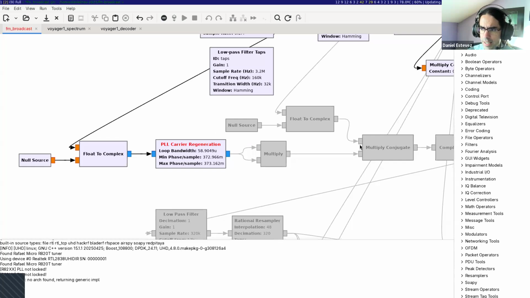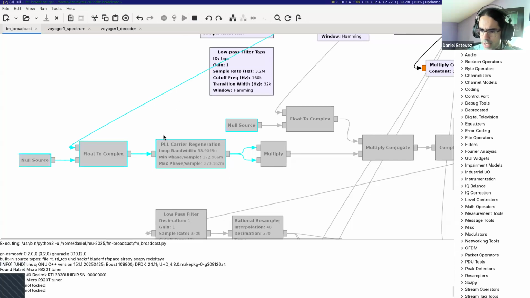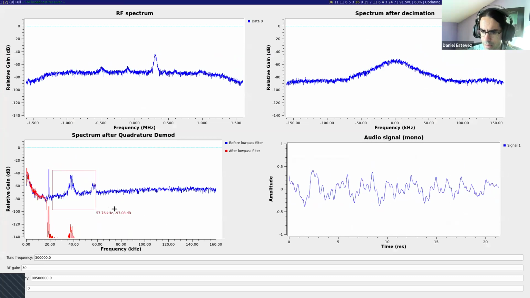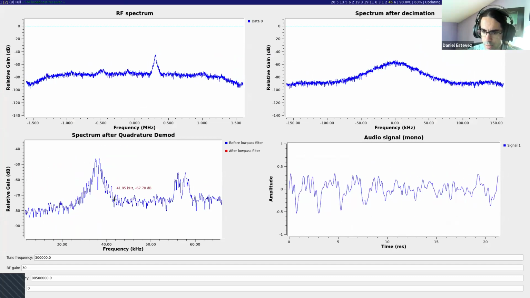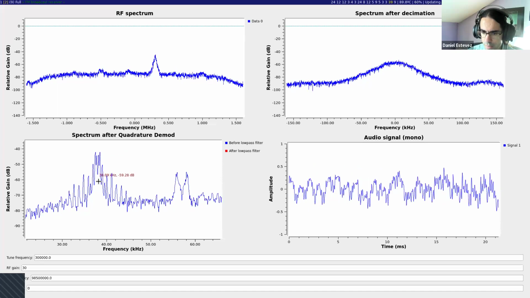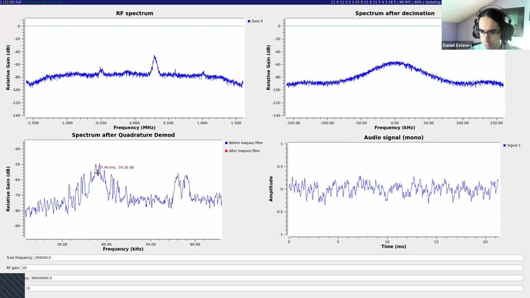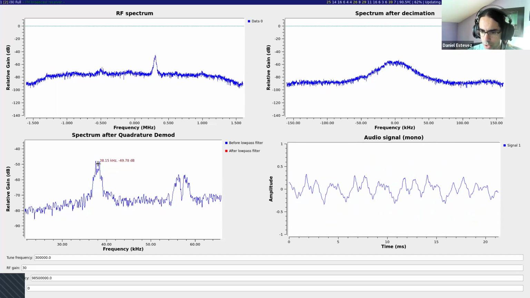But that is a 19 kilohertz tone, and we want a 38 kilohertz tone, because the stereo signal, the middle of this thing, is a real signal that has been shifted in frequency to 38 kilohertz.